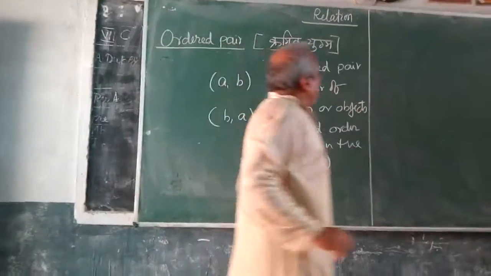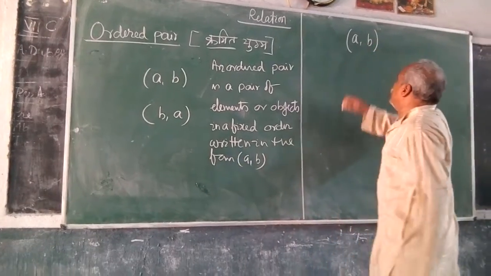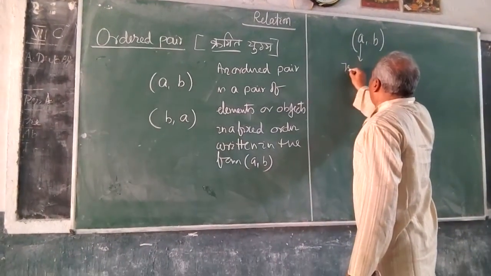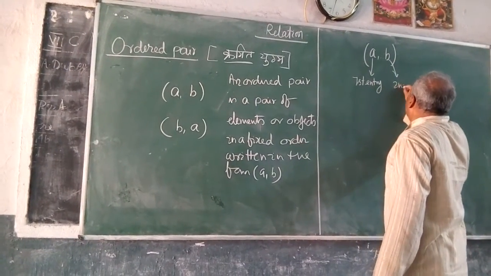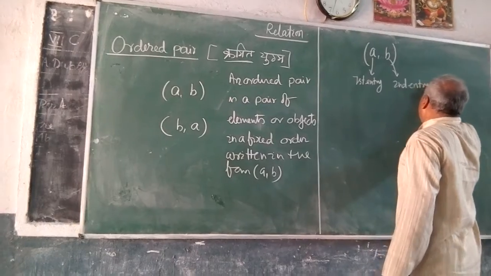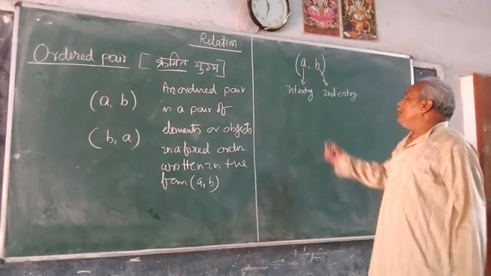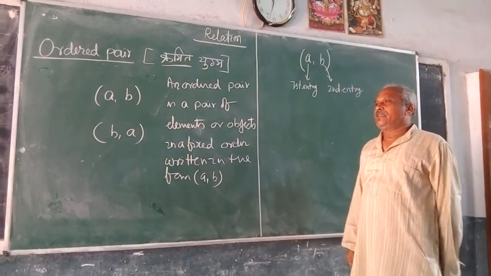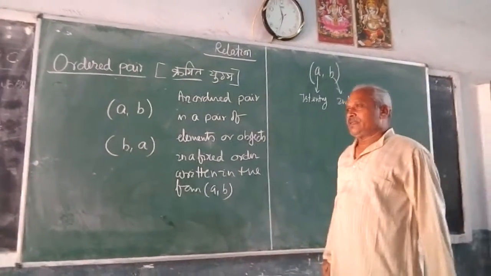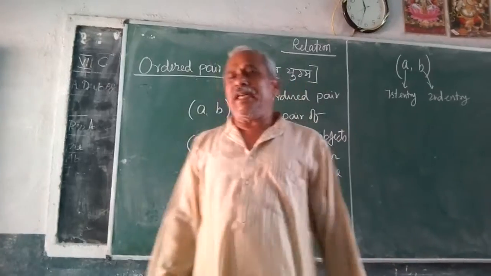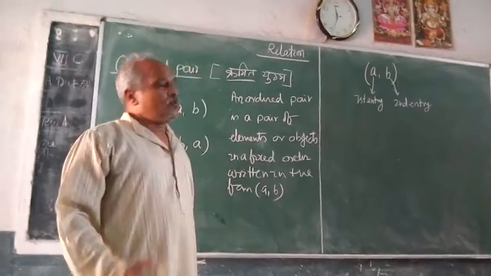Okay. Now, in any ordered pair (A, B), A is called the first entry and B is called the second entry. Now, you all know in class 10 also, in class 11 also, that this type of ordered pair is used to represent a point in two-dimensional plane or two-dimensional space.